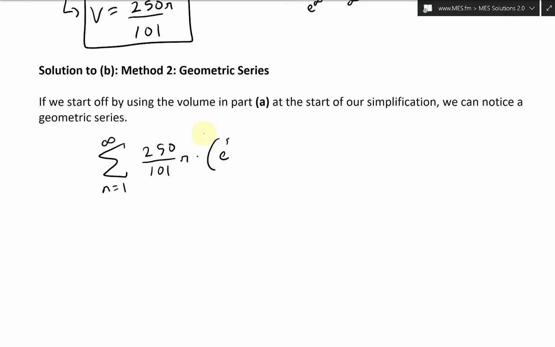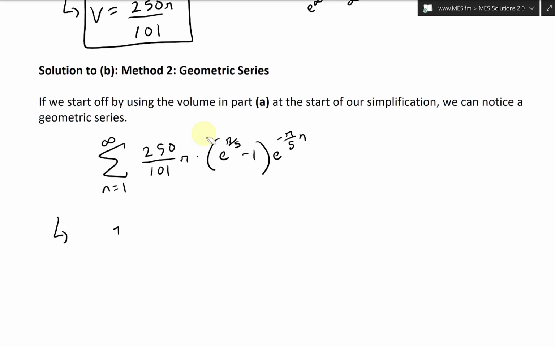So this is pi over 5 minus 1 times e to the negative pi over 5 n. Now compare that with a geometric series, which is the summation starting from n equals 1. So we're going to write it down as this.